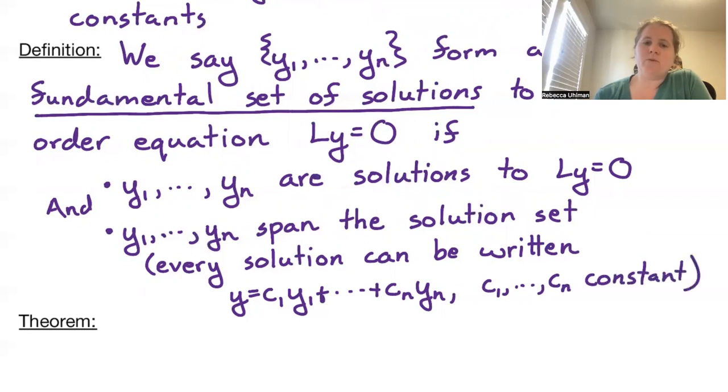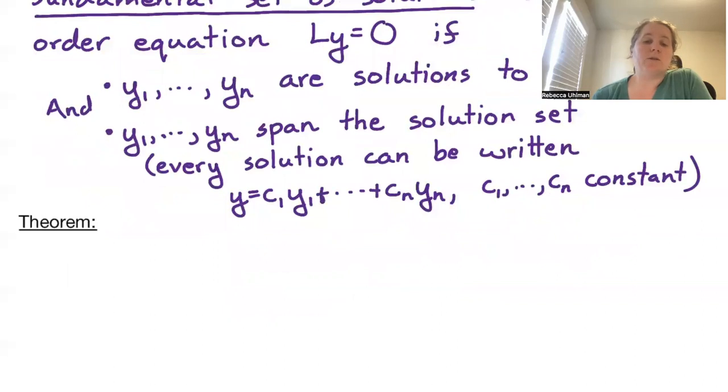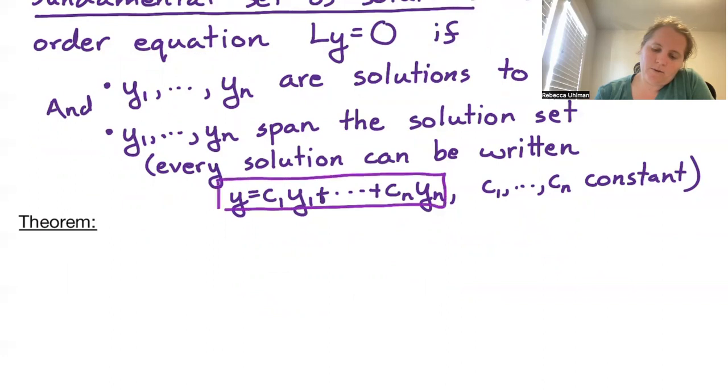So just like before, we call this y equals c1 y1 plus all the way up through cn yn the general solution. This linear combination of the yi's is called the general solution.